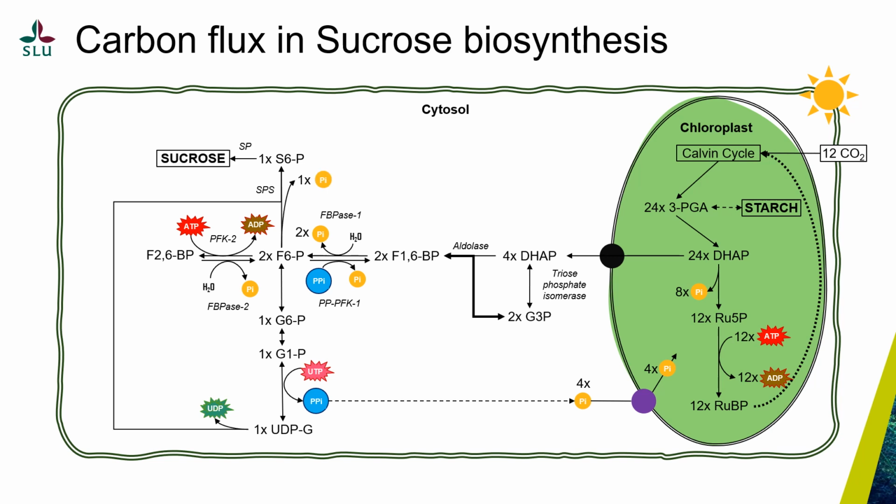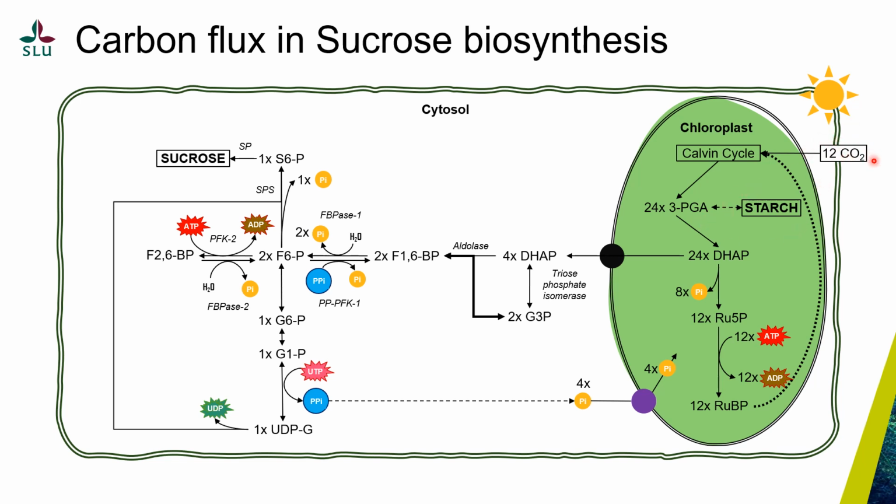Whereas sucrose 6-phosphate is converted into sucrose by sucrose phosphatase. So in a nutshell, this is an overview of the photosynthetic process happening during the daytime. The carbohydrates are incorporated into triose sugars, which could be converted into, so just my pointer is on now.